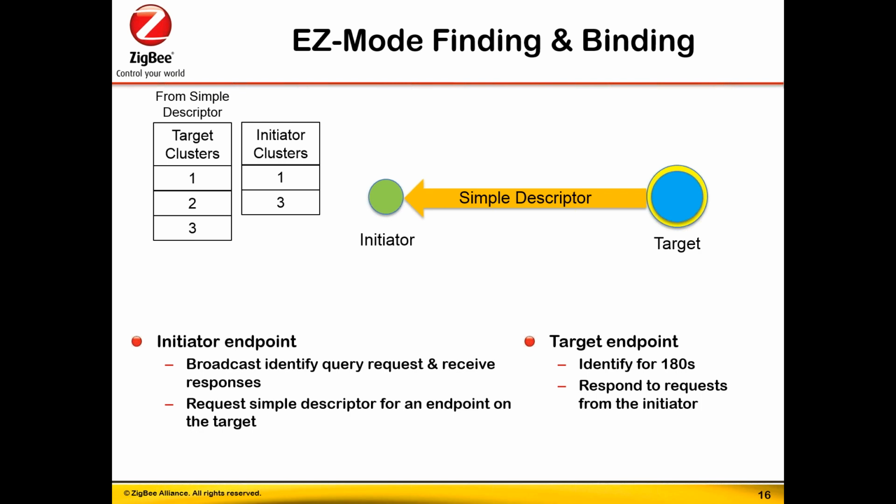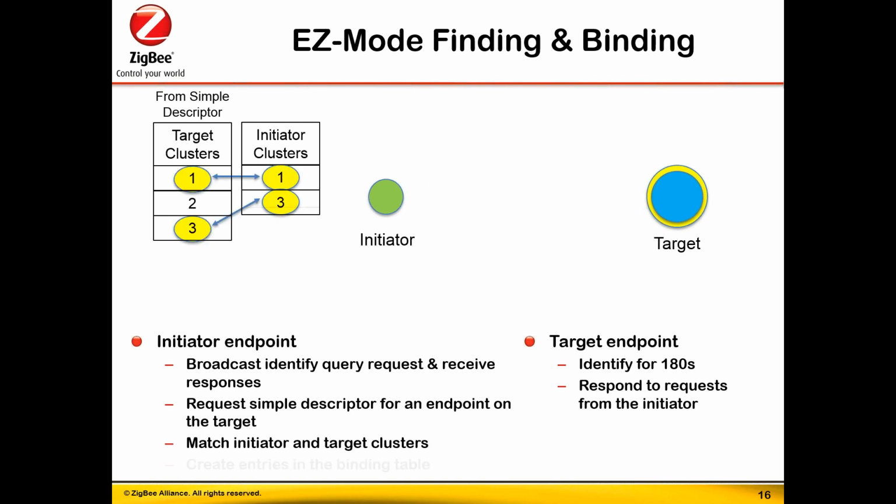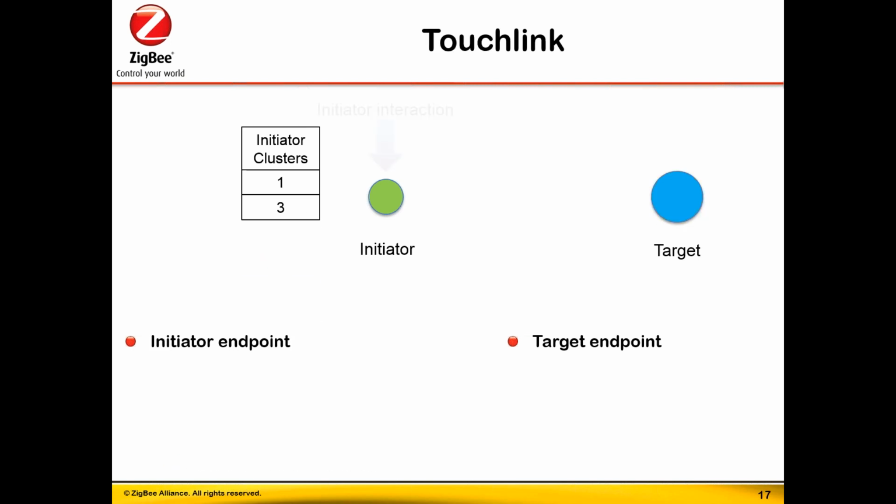So on the next step, the initiator looks at the information it has from the target and the information it has from itself, looks to see whether there are any matches in the clusters that we have, and the next step, it generates some entries in the binding table, and then your application links are established, and more about that maybe in the next talk.